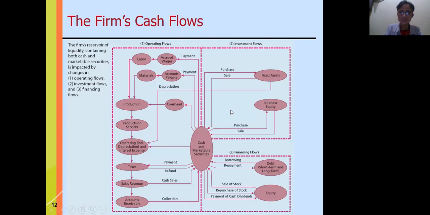So the reservoir of liquidity containing both cash and marketable securities is impacted by three changes. Our acronym would be OIF: operating, investing, or investment here, but normally investing, and financing flows.